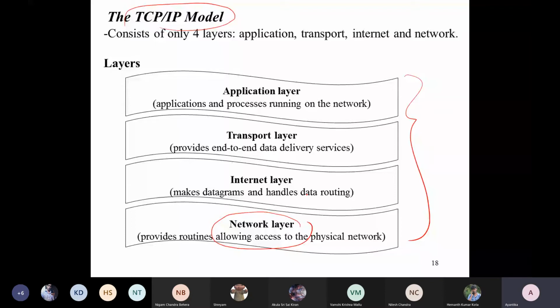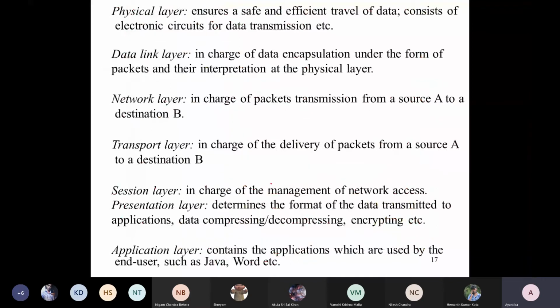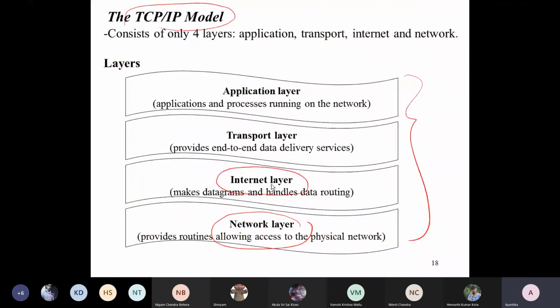Next comes this internet layer that you can map to the network layer of your previous OSI model. In this internet layer, they make the datagrams. I will come to how it looks and everything. And it handles routing, like the addressing.